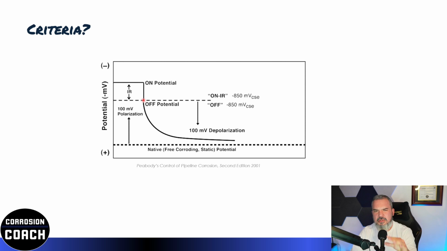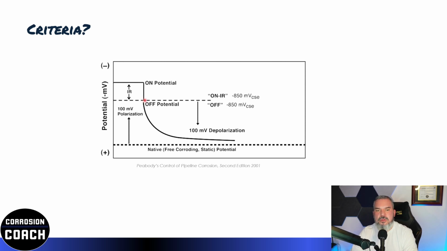And this should come to light here in a minute, but it's going to get rid of some of that error. We call that IR error, current times resistance, and it's going to give us a cleaner potential, an off potential, a polarized potential. And so if you go back to that criteria, you might be able to use this to prove cathodic protection. So keep that in mind.